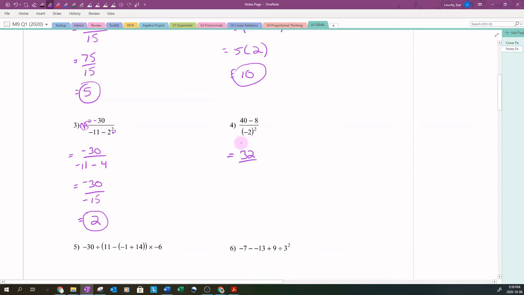In the denominator, this time the 2 is touching the bracket. So remember that negative 2 in brackets squared is negative 2 times negative 2, which is 4. So this is 4 in the denominator. Now see how I did that little piece of work over to the side?